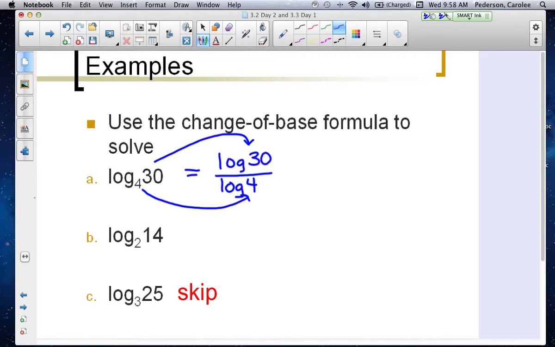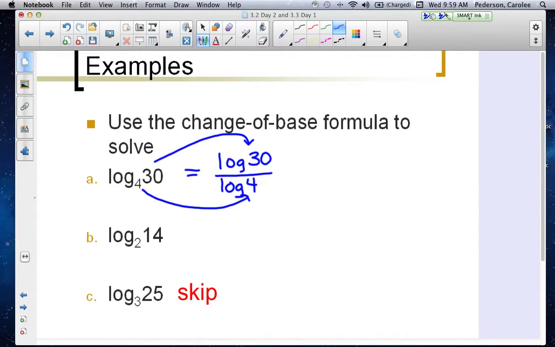That's the way I remember it. So then you would enter those two logarithms into your calculator. So you'd say log of 30 divided by log of 4. Did you get approximately 2.45344, etc.?